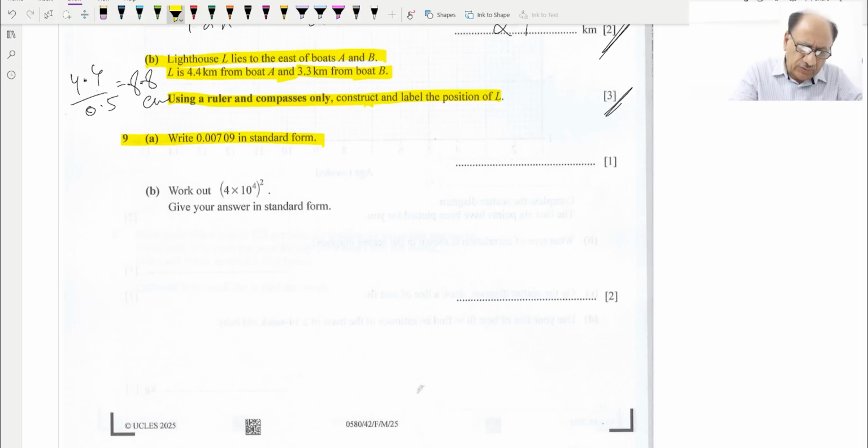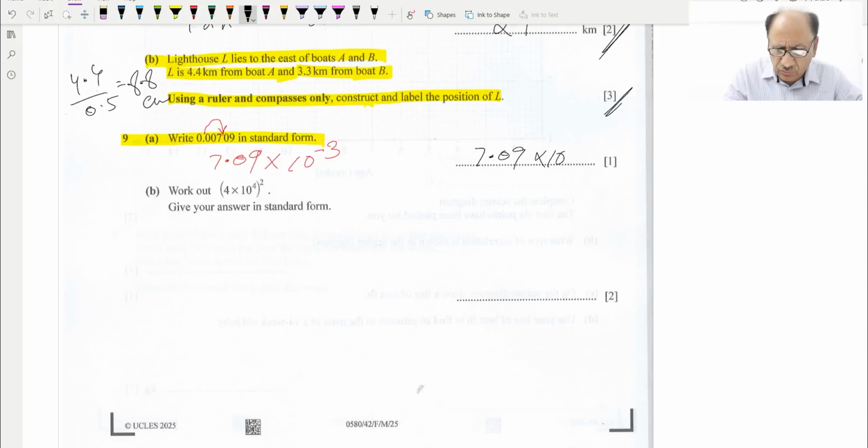Standard form is the decimal after the first non-zero number, so we have to move the decimal from here to after 7, so 7.09 multiplied by 10 raised to the power, how many jumps have we taken? 3 jumps, so 10 raised to the power minus 3, because we are moving to the right. If we are moving the decimal to the left, the power will be positive, so 7.09 into 10 raised to minus 3, this will be for 1 mark.